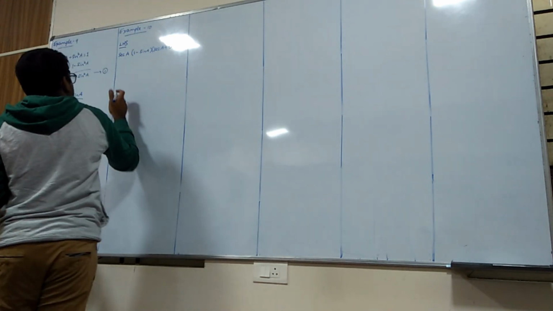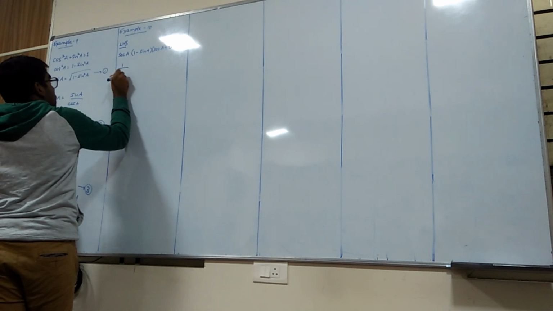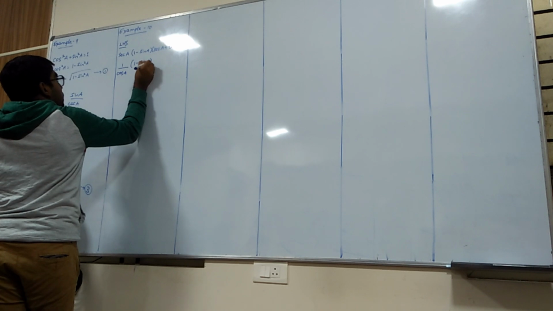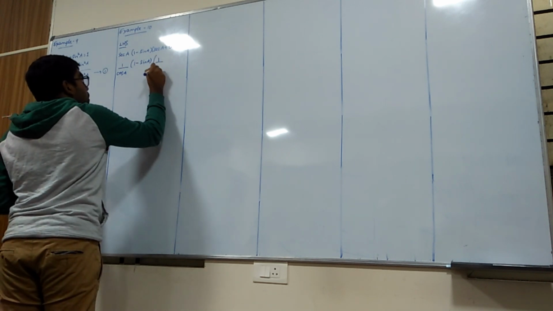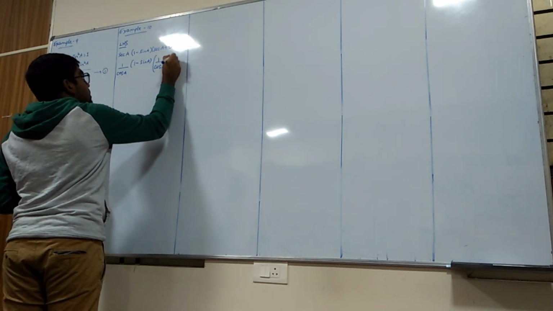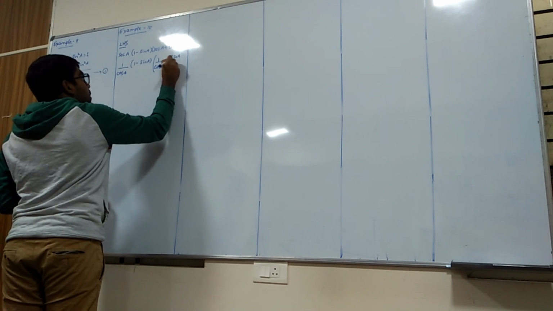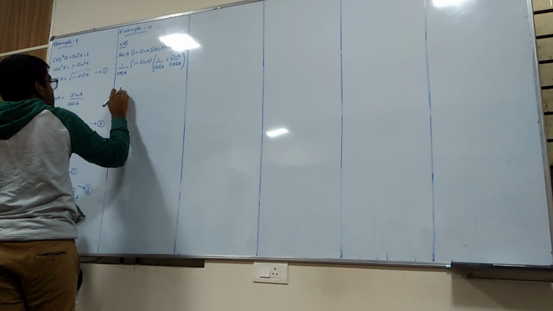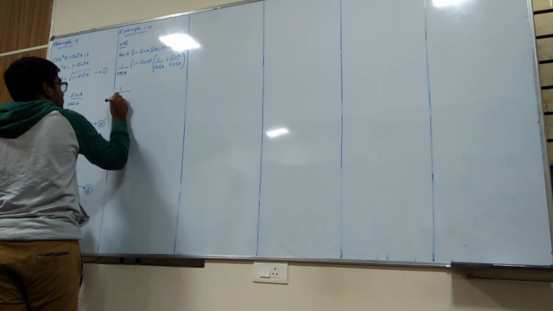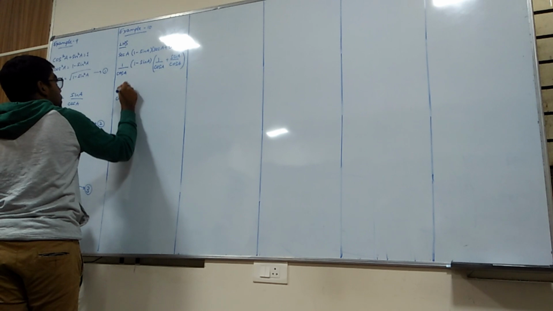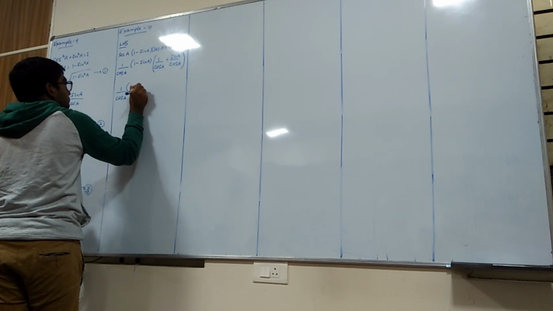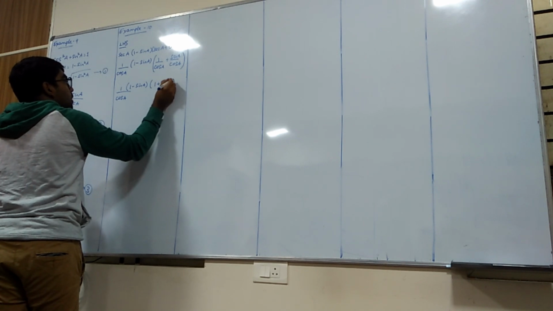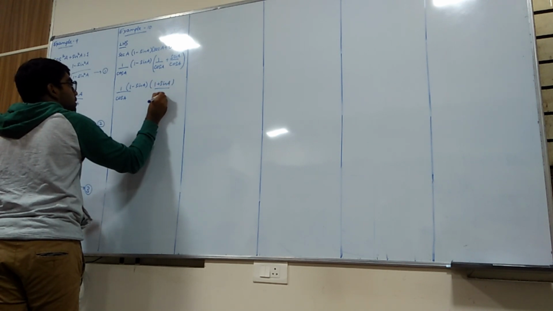So secant can be written as 1 by cos A. Into 1 minus sin A into secant, which is again 1 by cos A plus sin A by cos A. The LCM is the same, so I'll take it out: 1 by cos A into 1 minus sin A into 1 plus sin A divided by cos A.